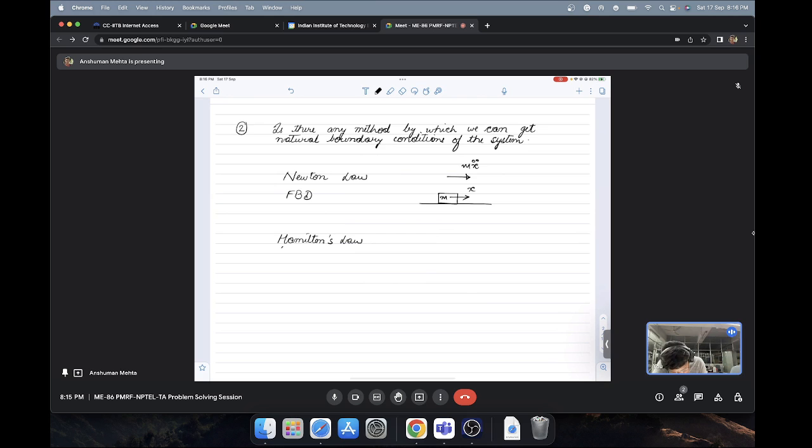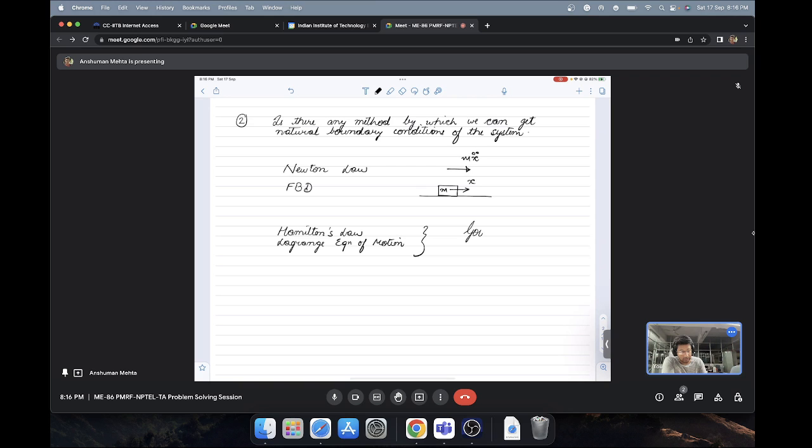or Lagrange equation of motion. So what that does is it generalizes the system such that finally we get a governing equation as well as boundary conditions, natural boundary conditions.